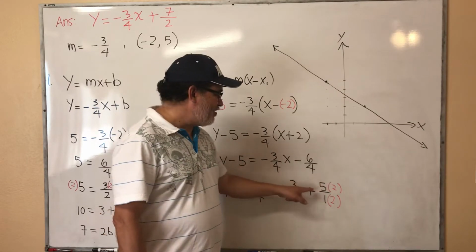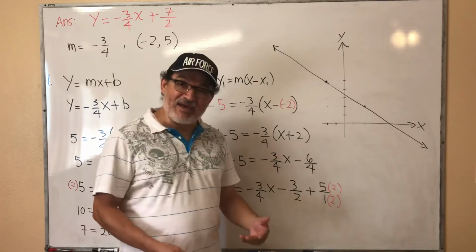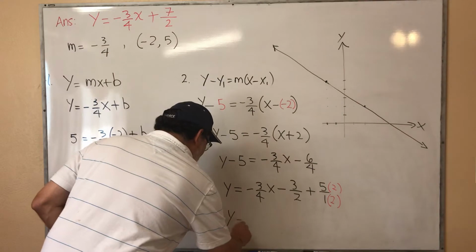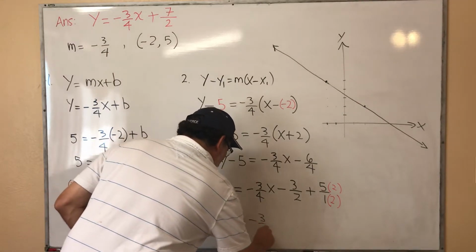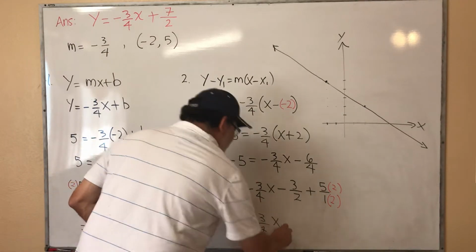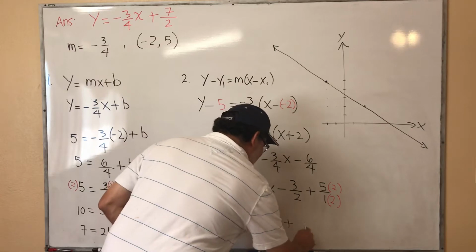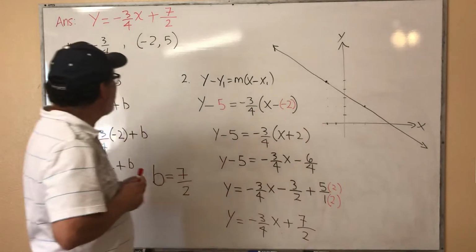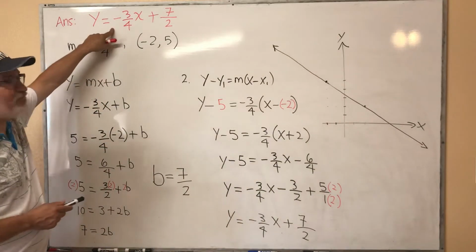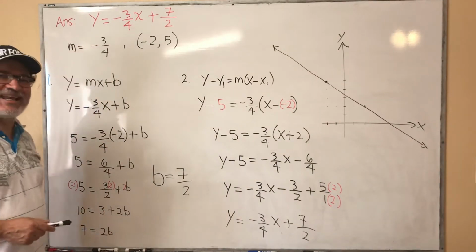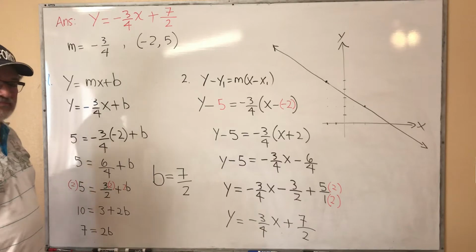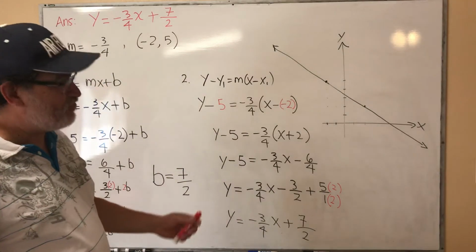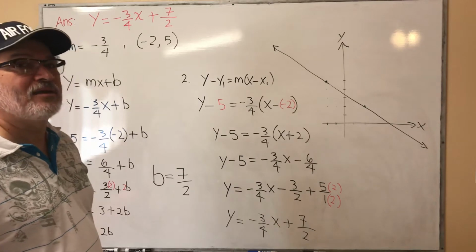What's 10 minus 3? 7. So therefore, y equals negative 3/4 x plus 7/2. And we get the same thing all over again. Okay? And there it is. That's how you find the equation of a line.